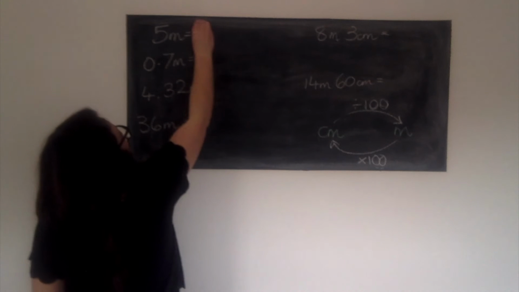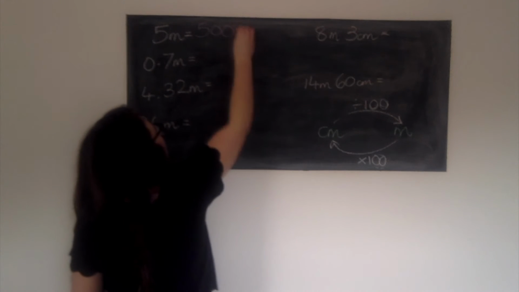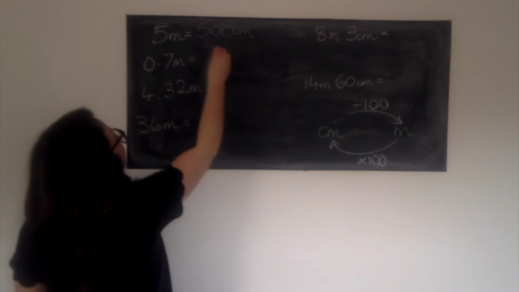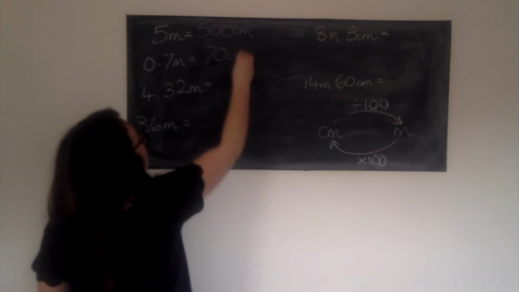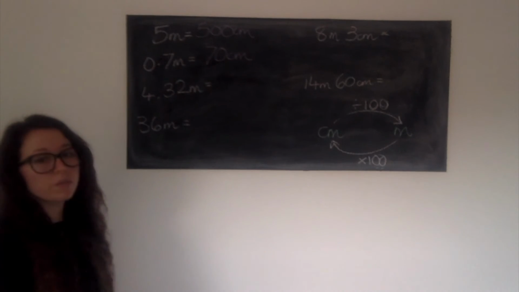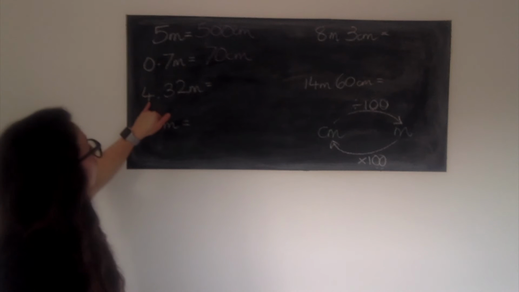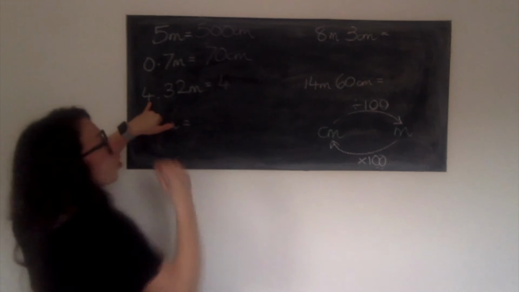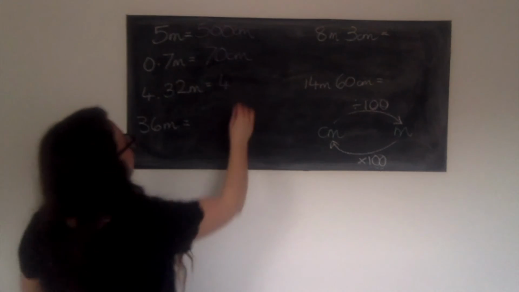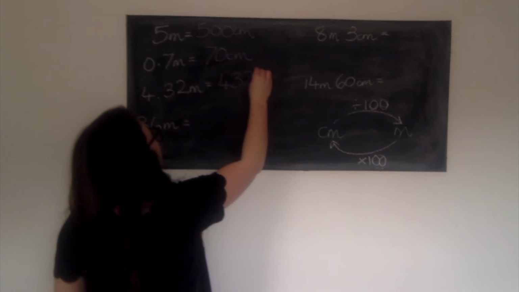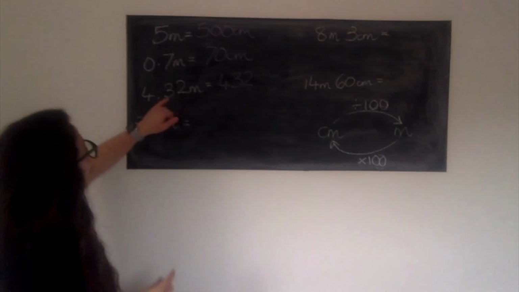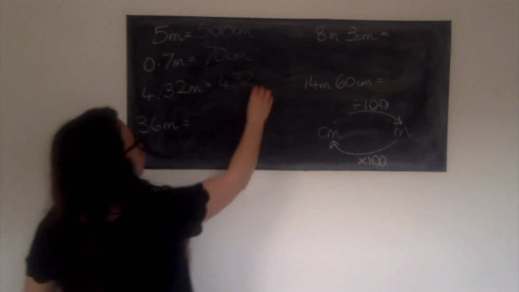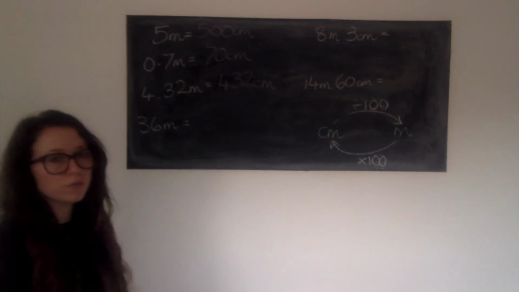So 5 metres is equal to 500 centimetres. 7/10 of a metre, so this time we've got 70 centimetres. 4.32 metres, so we talked about this before. 4 whole metres here, so think about this as a decimal, so 4 whole metres is the same as 400 centimetres, leaving us with 32 centimetres, so it's 432 centimetres in total.